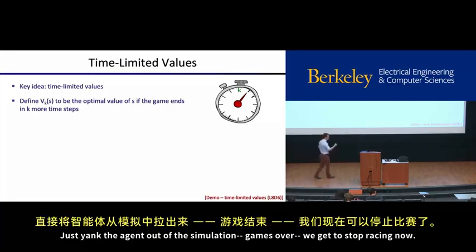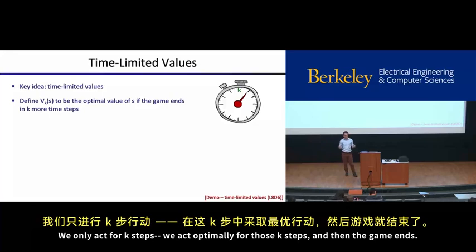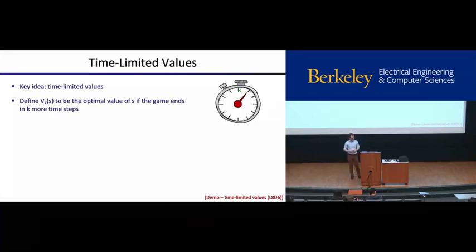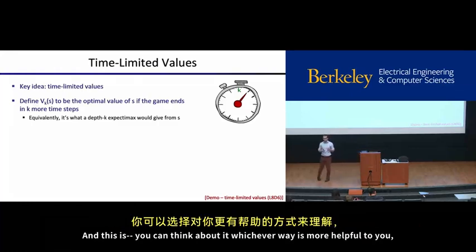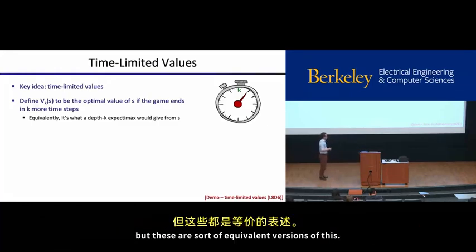Just yank the agent out of the simulation, game's over. We only act for k steps, we act optimally for those k steps, and then the game ends. So this is essentially what a depth k expectimax search would give you, and these are equivalent versions of the same thing.